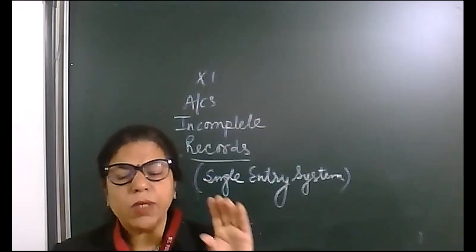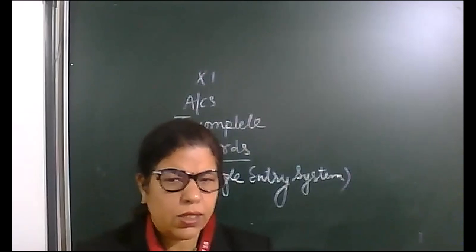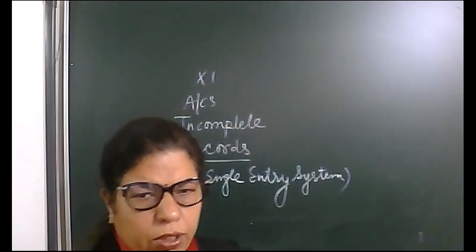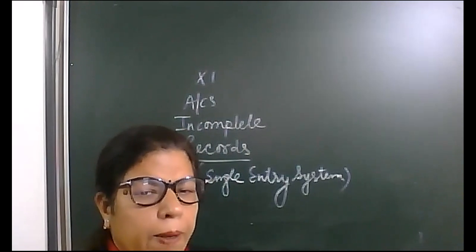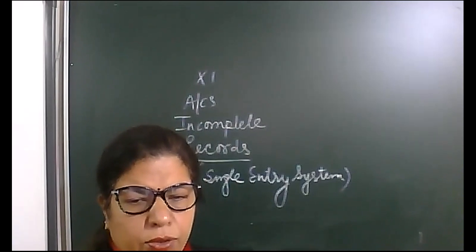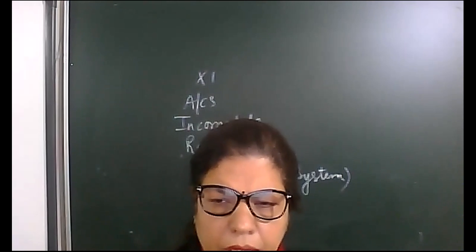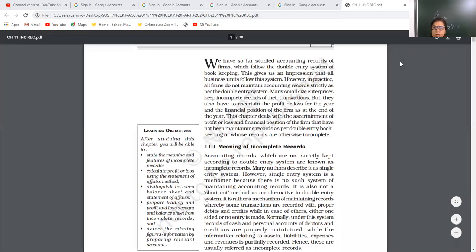And those businessmen who are dealing on small scale can also use this system of recording. This is known as incomplete records, but that is suitable only for very small businessman. Okay, now see, we will discuss it. Then you will be able to understand how to do these.